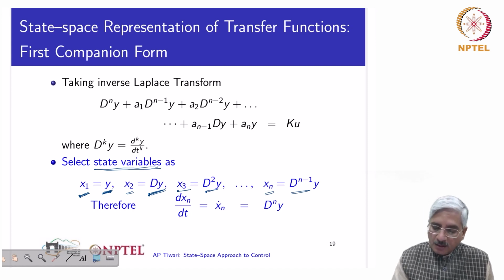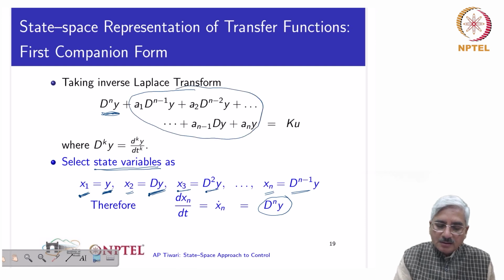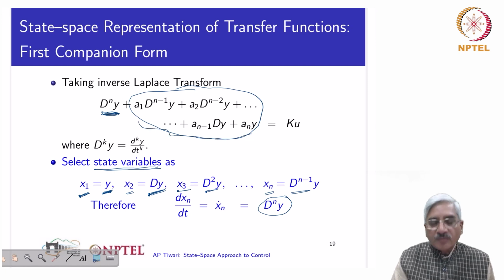And d^n y, this term, will obviously get represented in terms of these, in which an y will be an x1, a(n-1) dy will be a(n-1) x2 and so on. So d^n y will get represented in terms of the state variables x1 to xn plus ku.